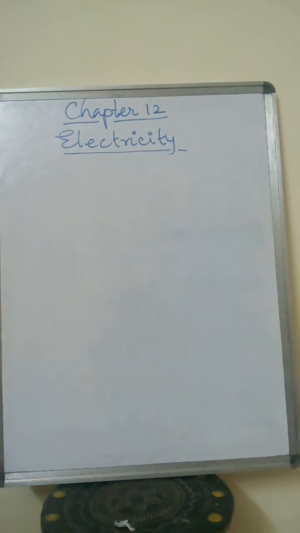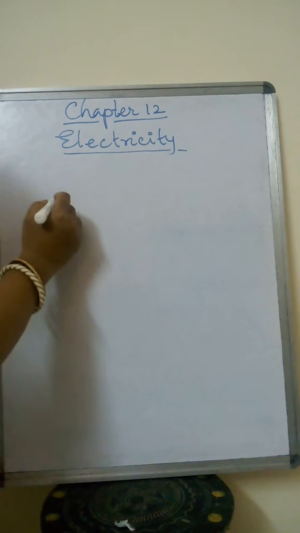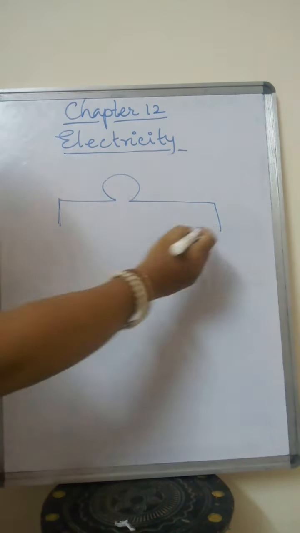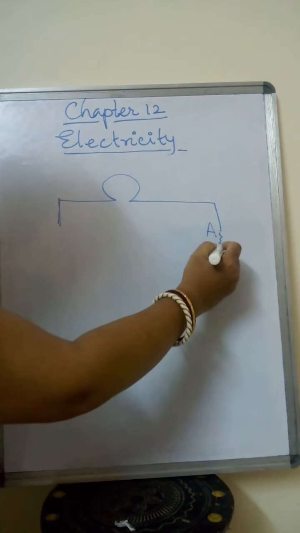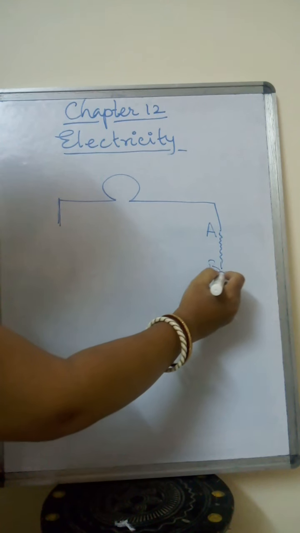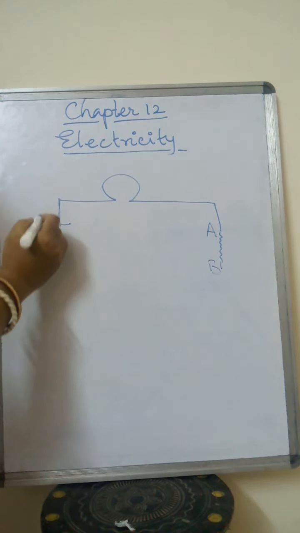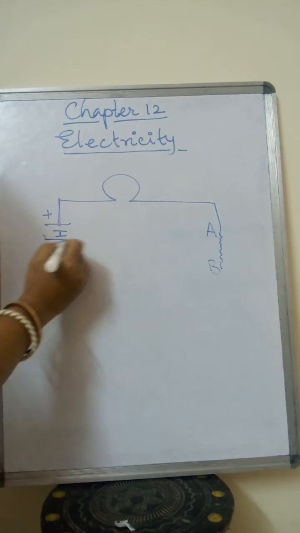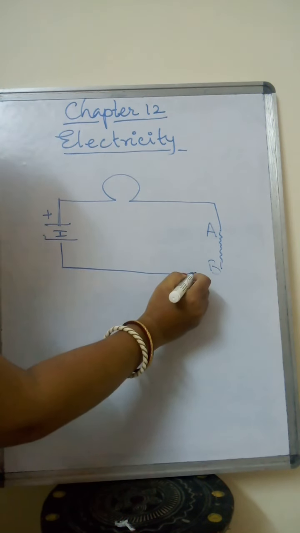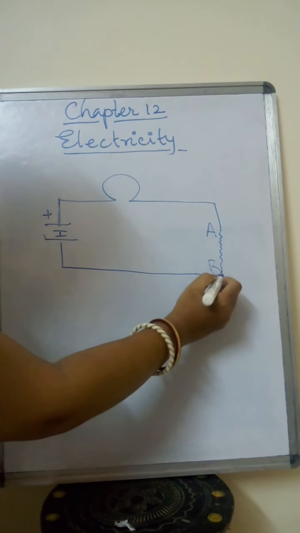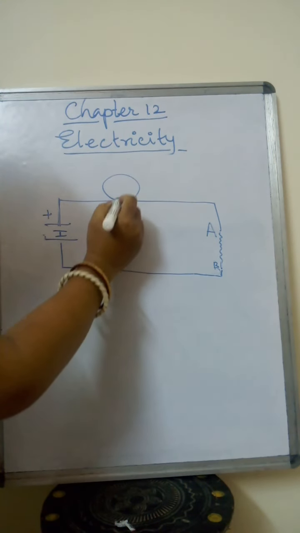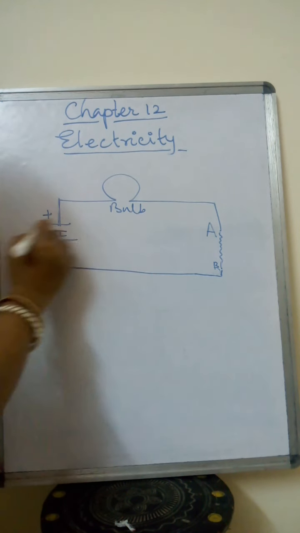For example, I draw a simple circuit. This is point A and this is point B. This is the bulb, and this is the cell or the battery.